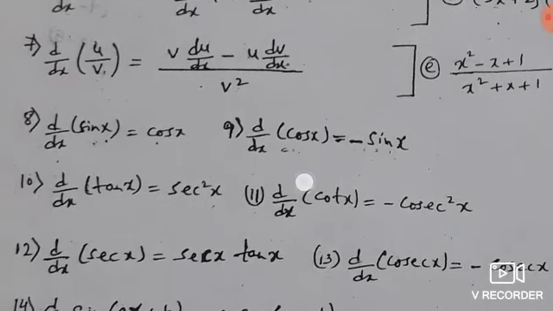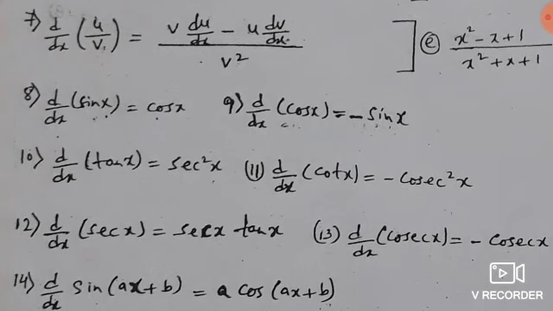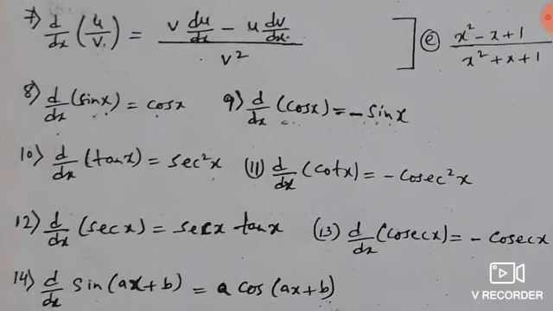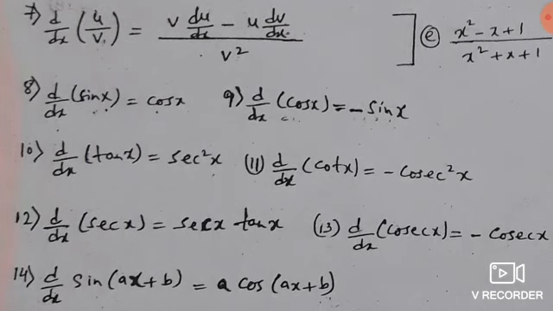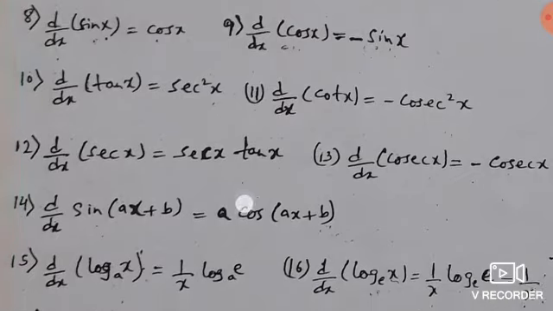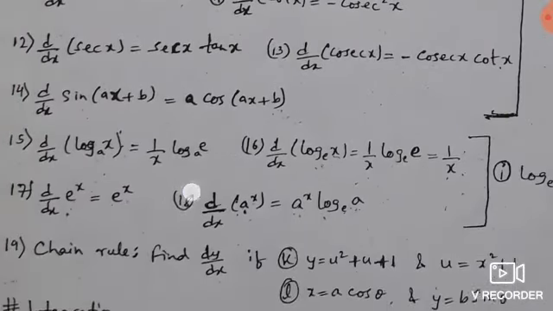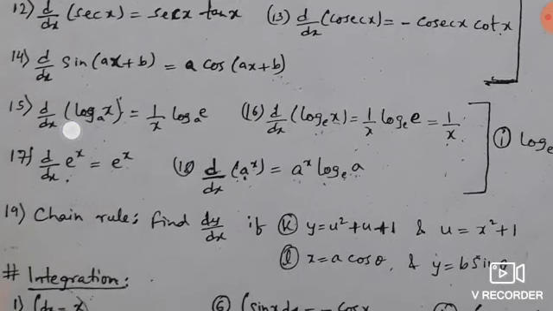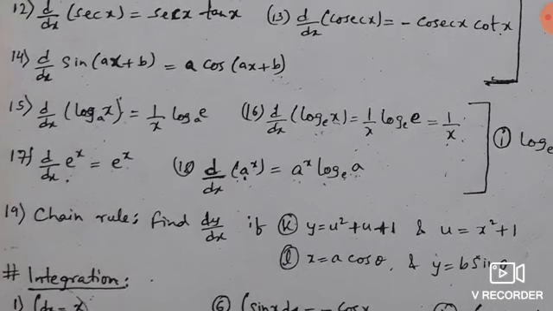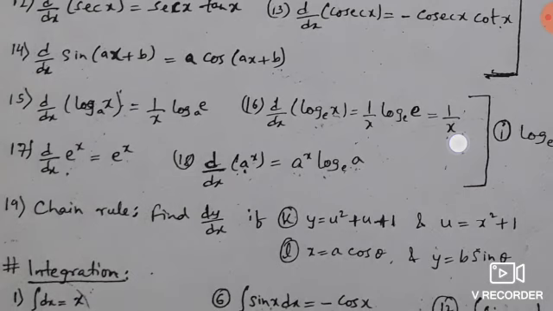Now let us see the differentiation of trigonometric terms. This you have to memorize. d/dx of sin x is cos x, d/dx of cos x equals minus sin x, d/dx of tan x, sec square x, all this you have to memorize up till here. d/dx of log x to the base a will be 1 by x log e, but d/dx of log x to the base e is 1 by x.